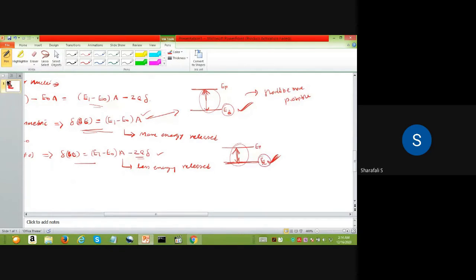In this case, E_D is much higher. E_P is fixed, the parent energy level is fixed, and when it is asymmetric fission, the daughter nuclear energy level is higher as compared to the daughter nuclear energy level for the symmetric fission. So if you consider the daughter nuclei which have lower energy levels, this should be more probable, because the system always tries to minimize it.